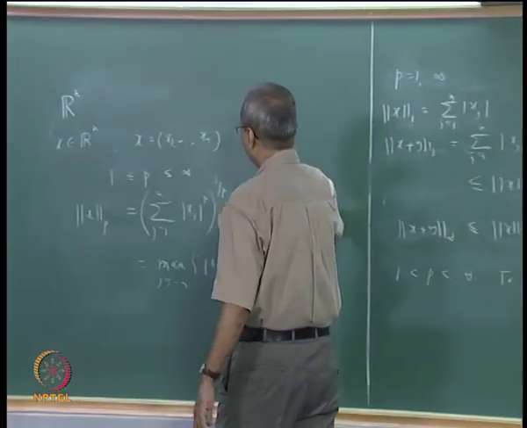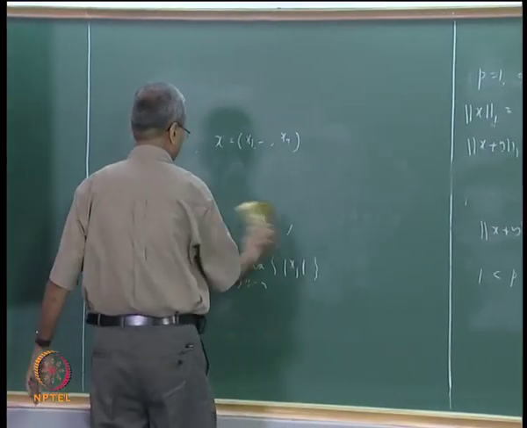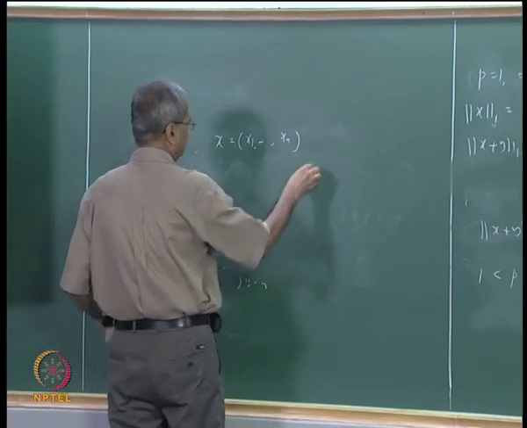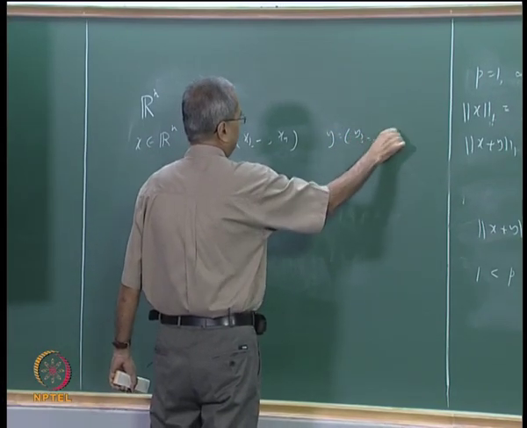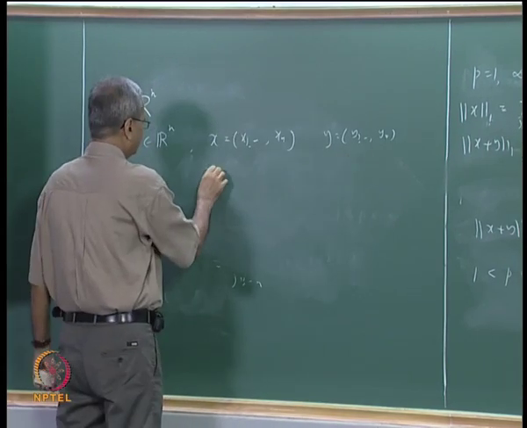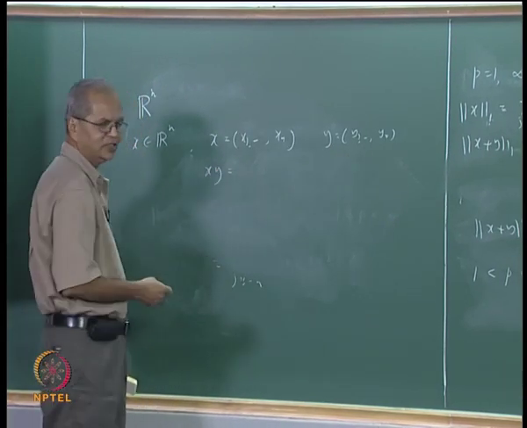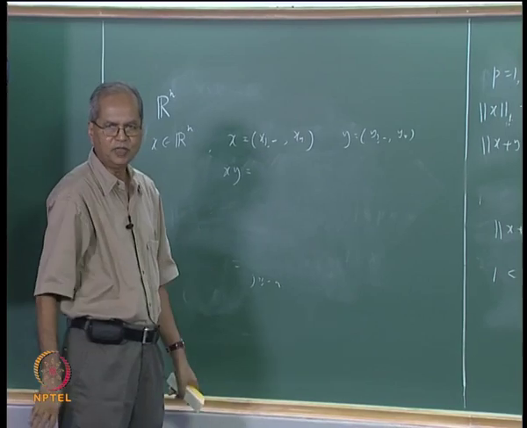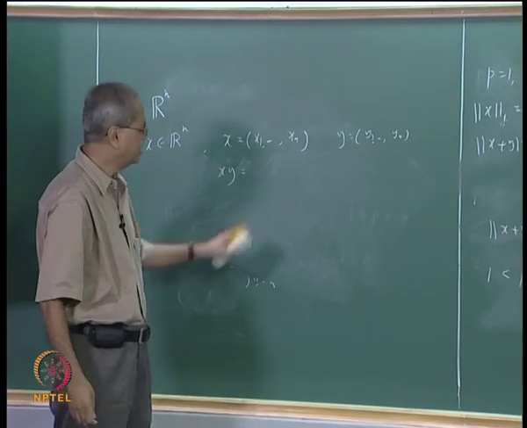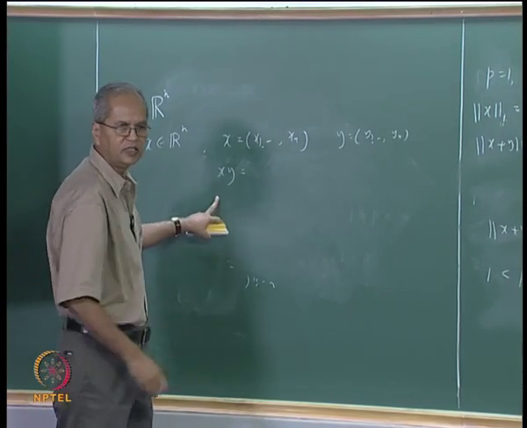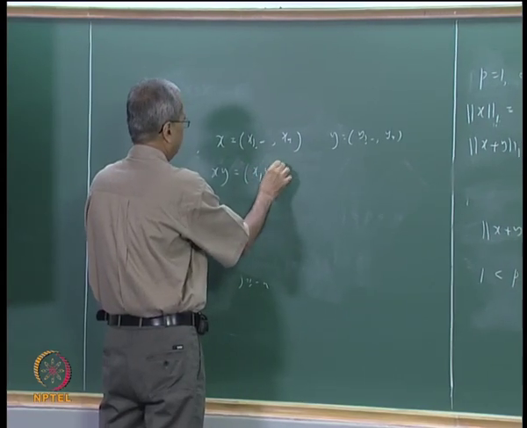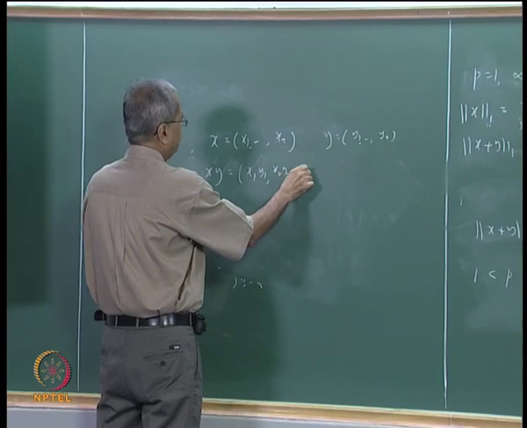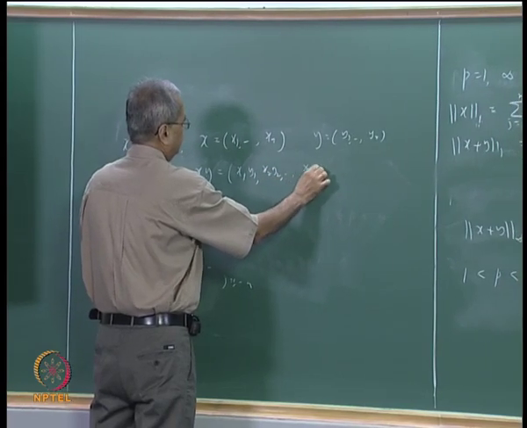If you take the vector x as x1, x2, ..., xn, and y as y1, y2, ..., yn, and I write the vector xy as the vector obtained by coordinate-wise multiplication, it will be x1y1, x2y2, etc., xnyn.